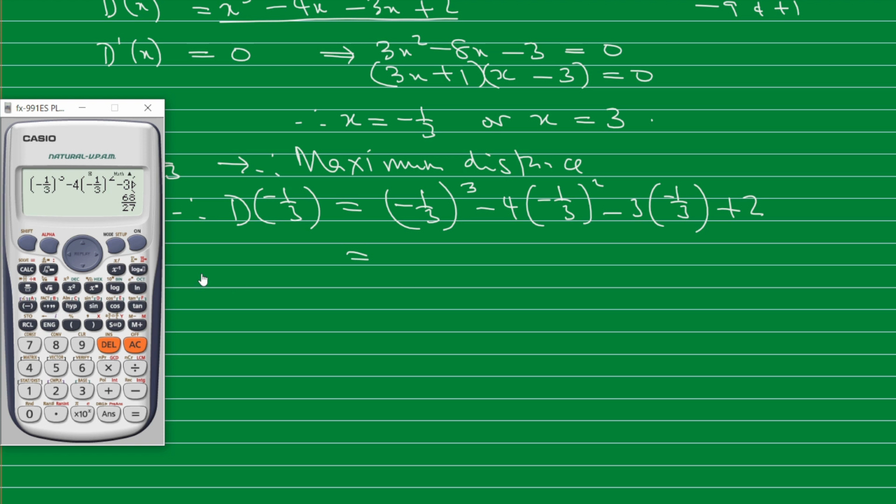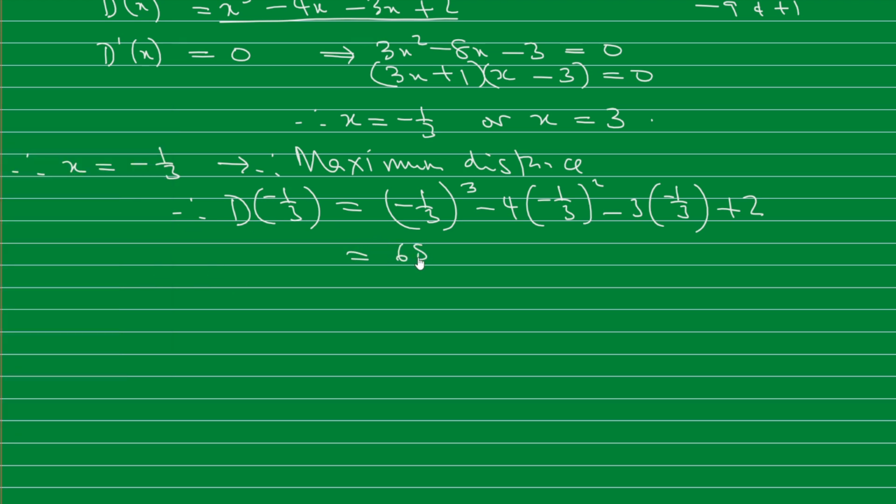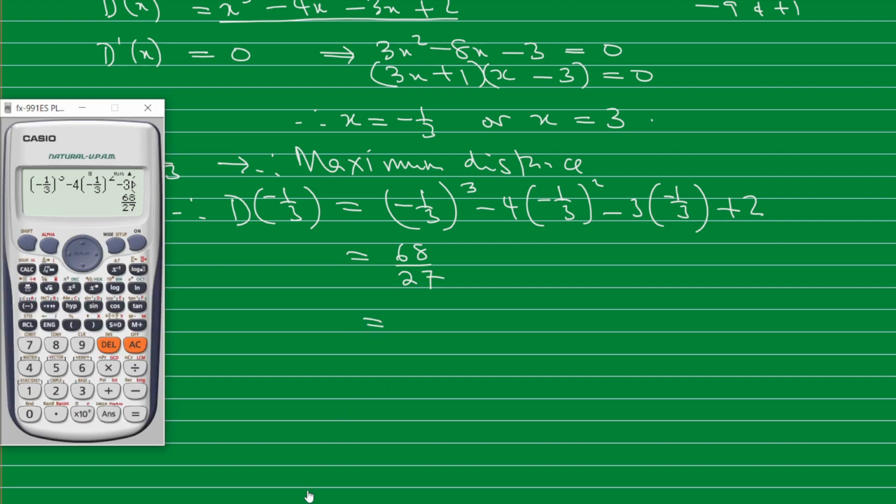Okay, the value that I'm getting here after entering is 68 over 27. 68 over 27, which we can write as a decimal as 2.518.